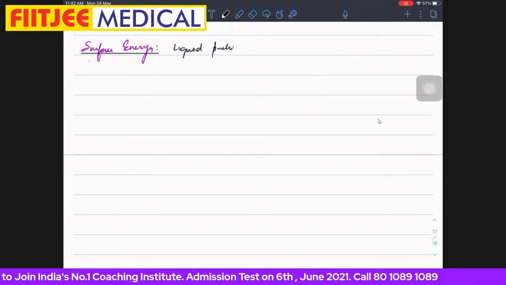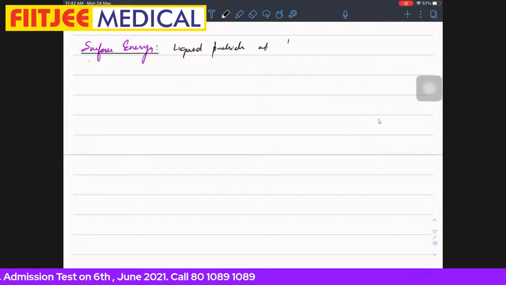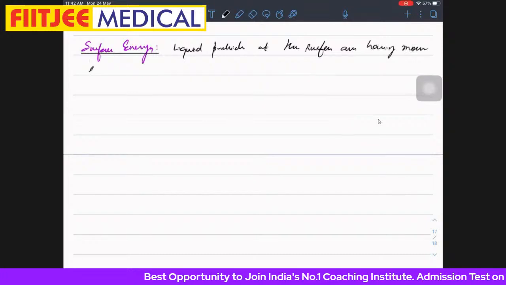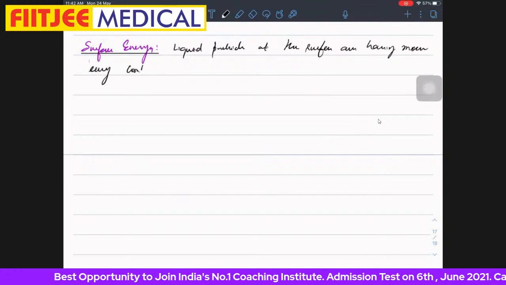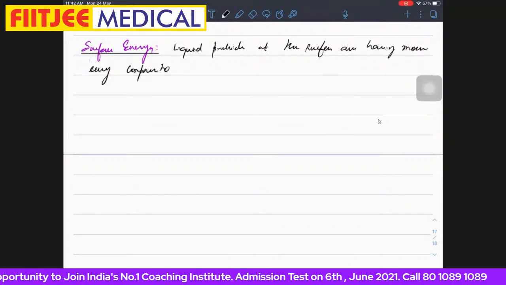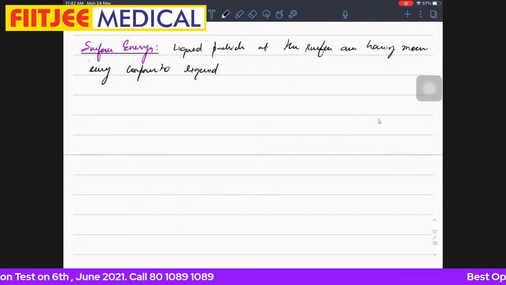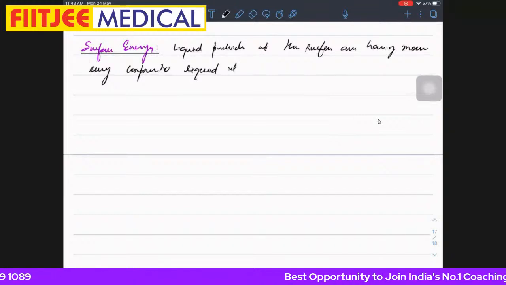Liquid particles at the surface have more energy compared to liquid at the bottom.